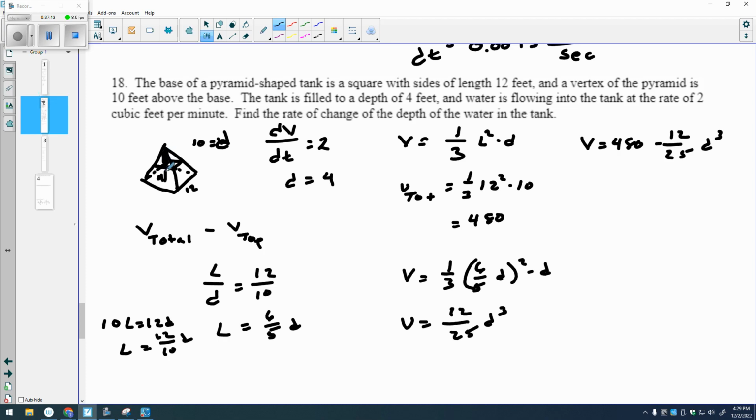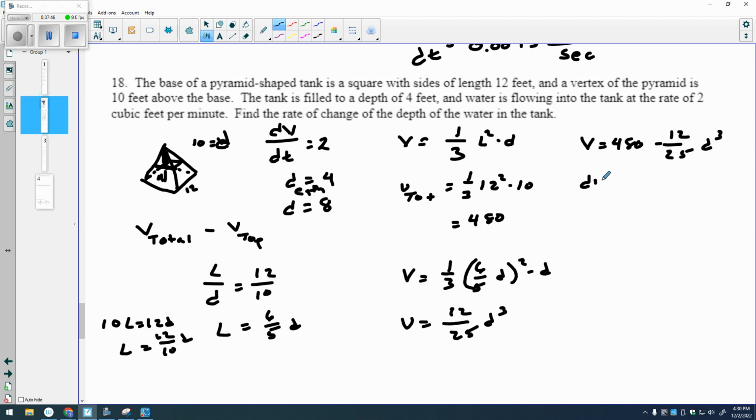That's how I defined my depth, my D, from here up. Okay? So making sure we're clear of what my D was. In this picture, the D was from there up. So now my D actually is not 4. My D is 8. The depth of the water is 4, but in the picture I drew for the pyramid I'm subtracting, the depth is 8. That'll show up here in a second.